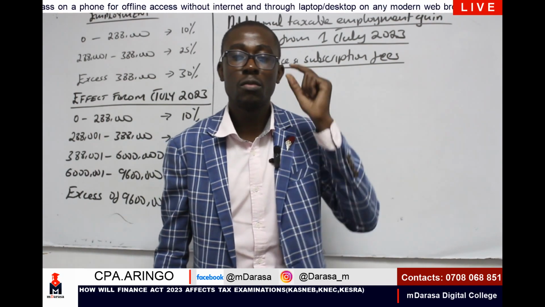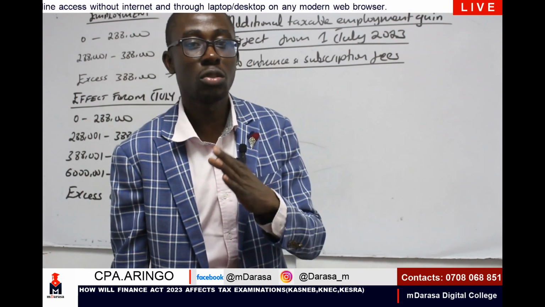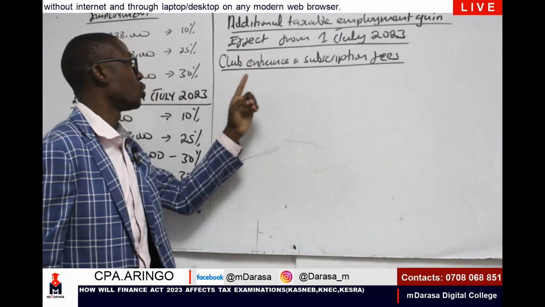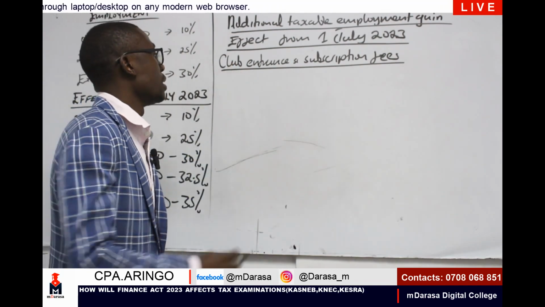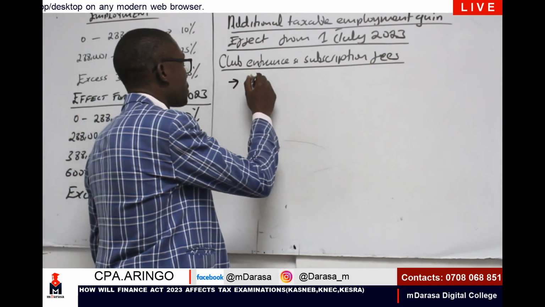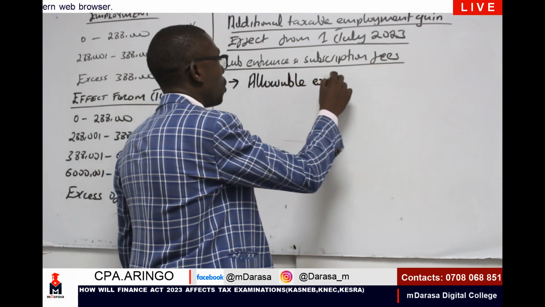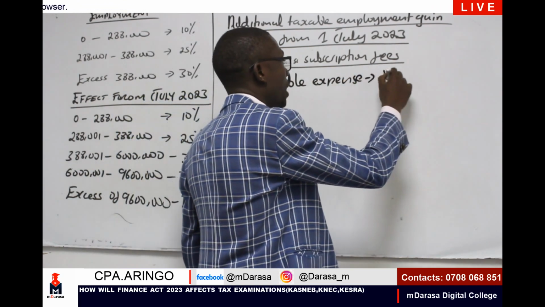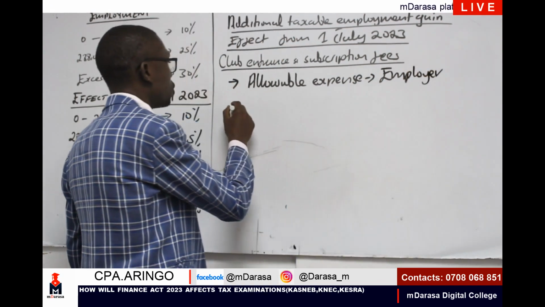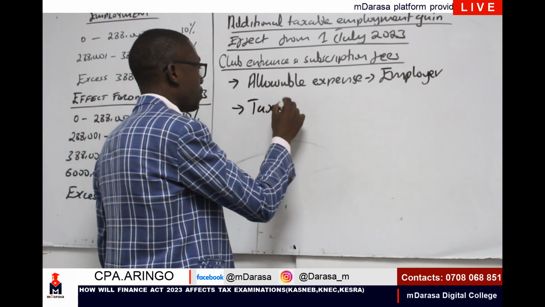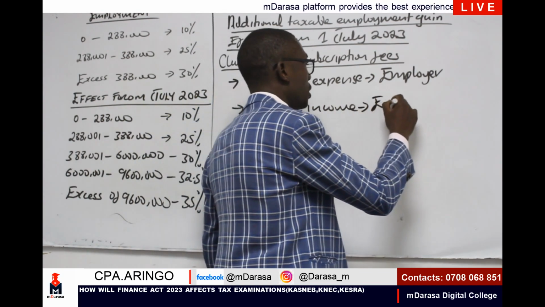But with effect from 1st July 2023, club entrance and subscription fees will be an allowable expense in the books of the employer, whereas in the books of the employee, it is going to be taken as a taxable income.